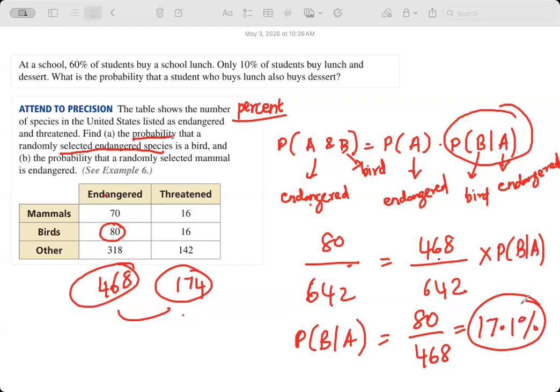I wanted it in percentage, so I have to convert. Is your percentage correct? Yeah, I just checked it. It's right.